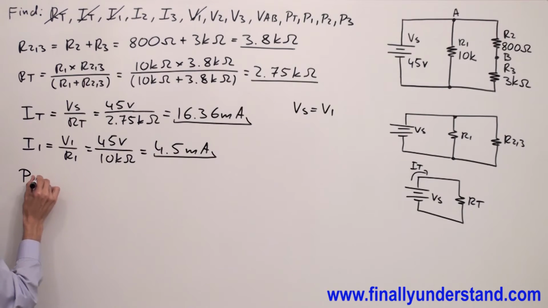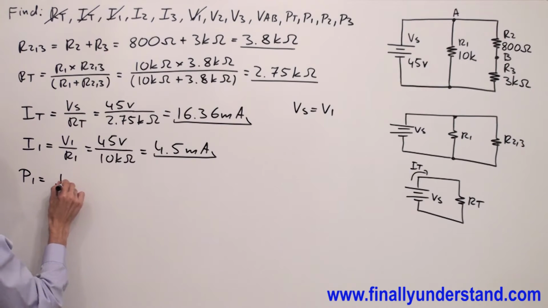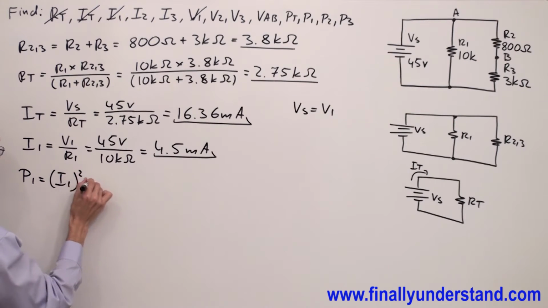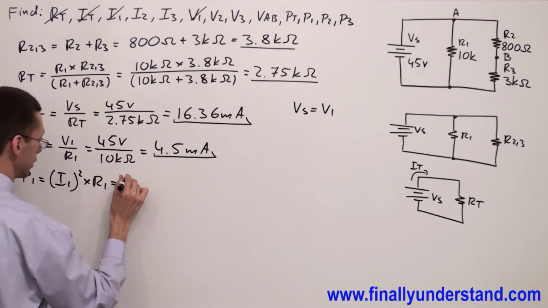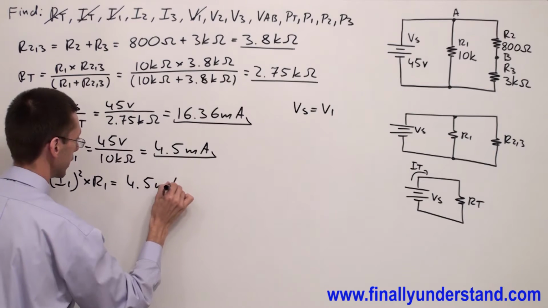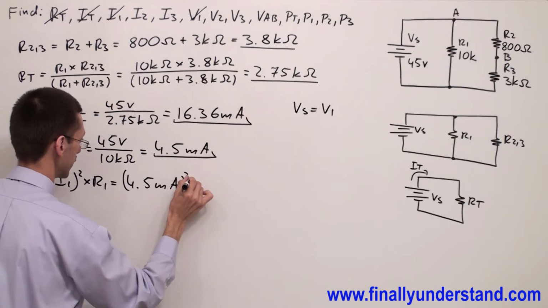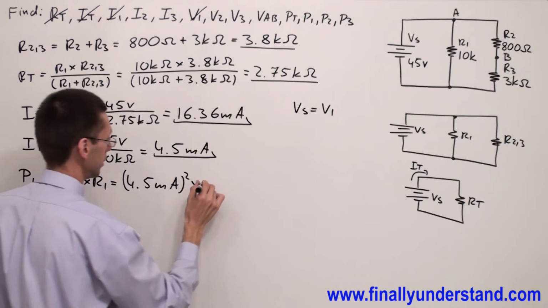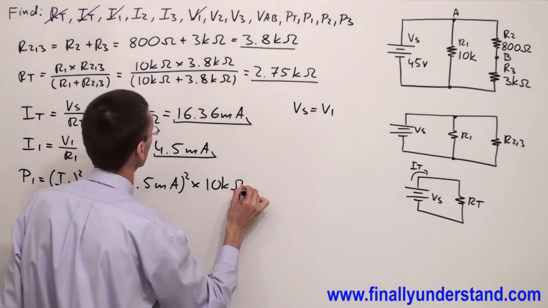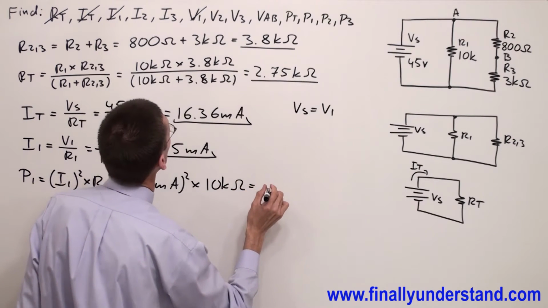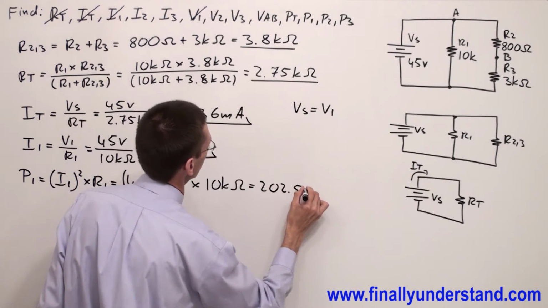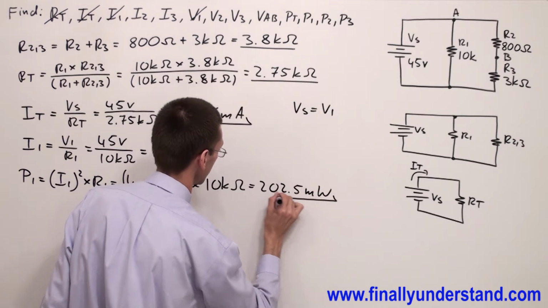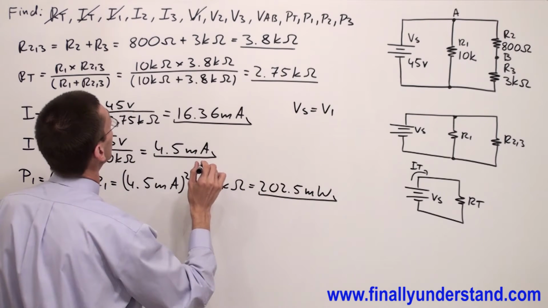P1 I can calculate from the formula with the current I1 squared times resistor R1, where I1 is equal to 4.5 milliamps raised to the second power times R1, 10 kilo ohms, is equal to 202.5 milliwatts. Okay, so this is power 1.